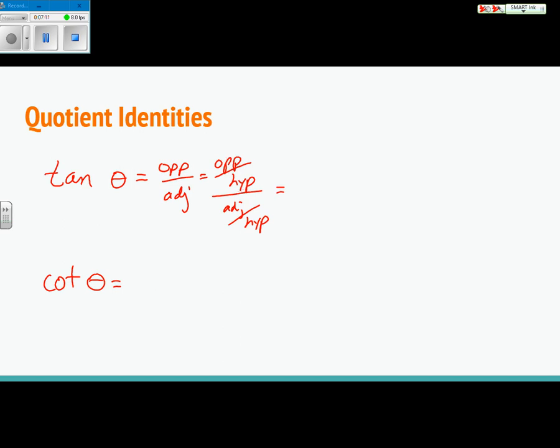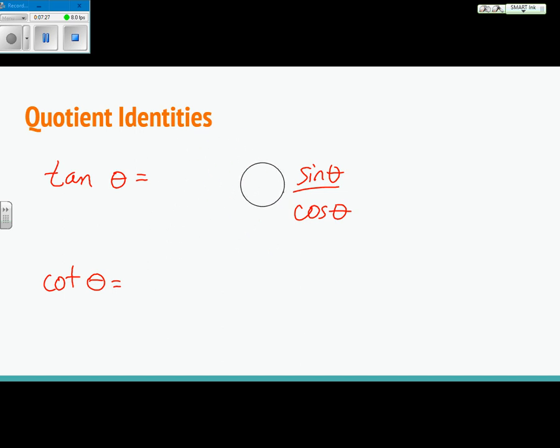Which one of my trig functions is opposite over hypotenuse? Sine. And which one is adjacent over hypotenuse? Cosine. So all I need to know is that tangent is going to be sine over cosine.